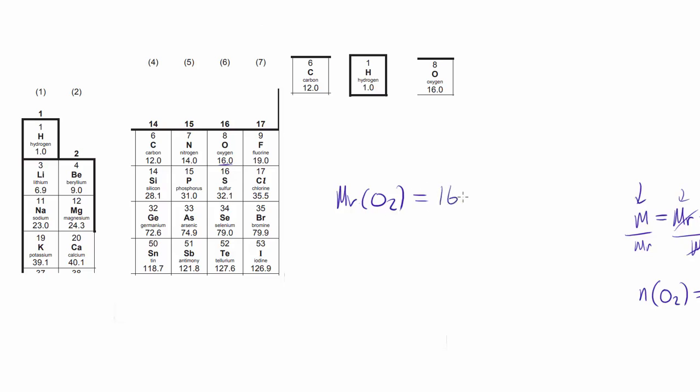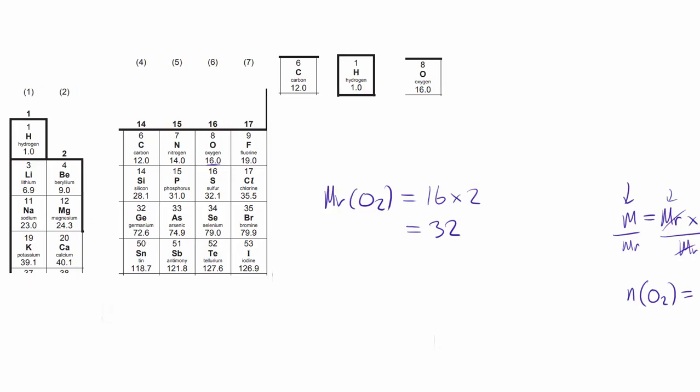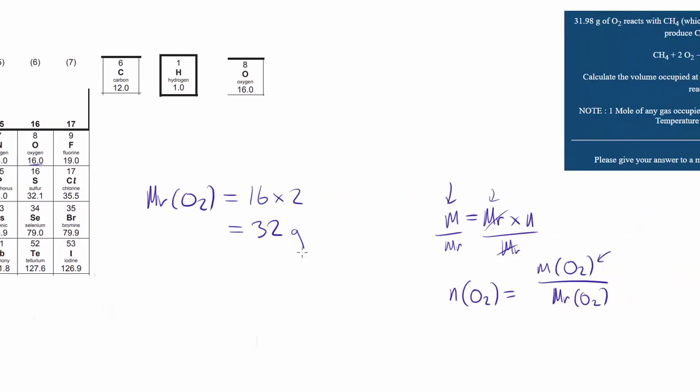So it's going to be 16 times 2, and that's going to be 32, right? And because it's molar mass, our units are going to be grams per mole.